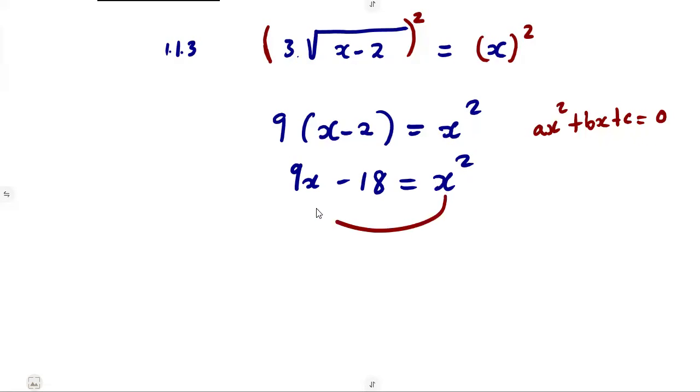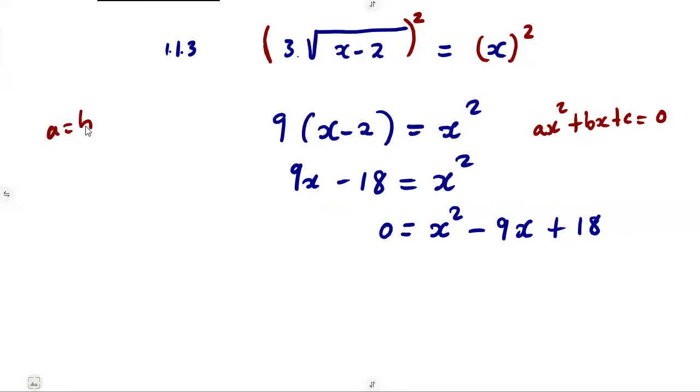So either we take this to the other side, it becomes a negative, then you divide by that negative later on, or you can take these terms to the other side of the equation. It is up to you. So if I was to take this 9x to the other side, we're going to obtain 0 is equal to x squared, the 9x negative, and the 18, this is minus 18, to the other side, it will be a positive. So that is how it is going to be like.